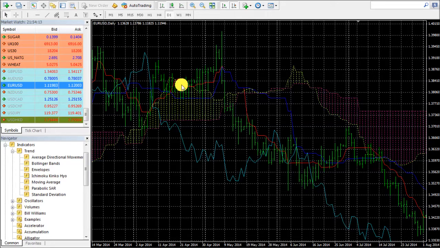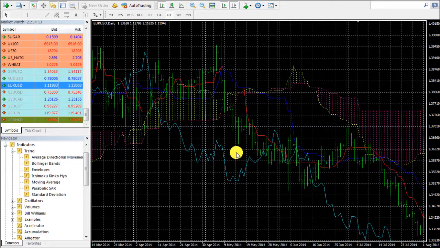The red baseline is a confirmation line. It also shows support and resistance and can be used as a trailing stop line. It acts as an indicator of future price movement, so if the price is higher than the line, it could continue to climb higher, and if the price is below the line, it could keep dropping.